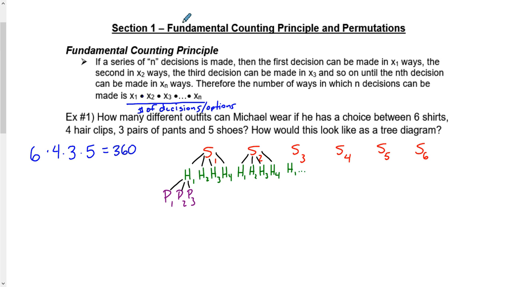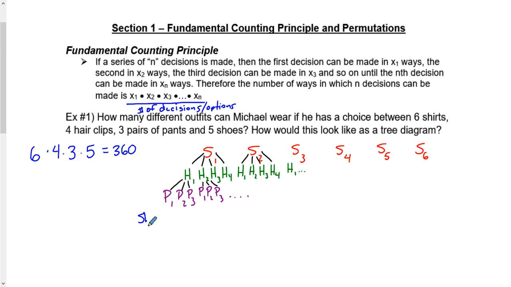Of course, this gets very convoluted and very complex when we have so many different options. We still have shoes.